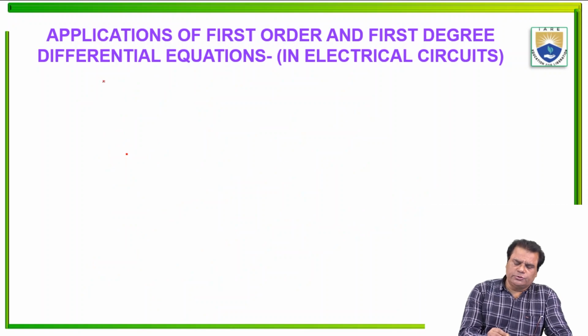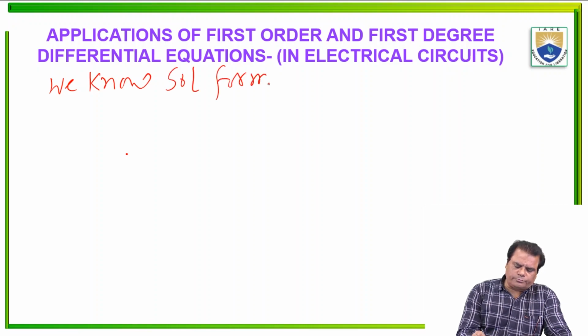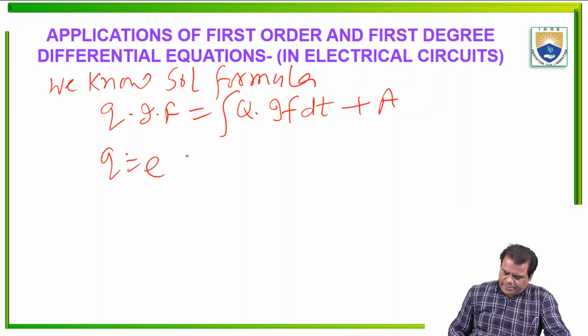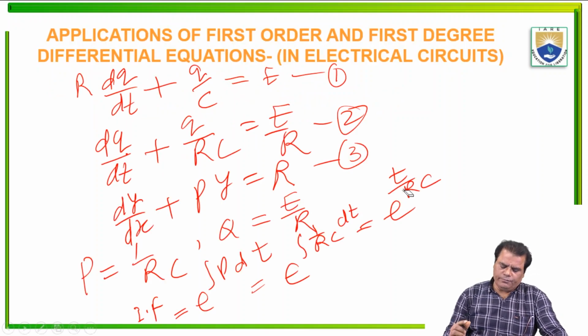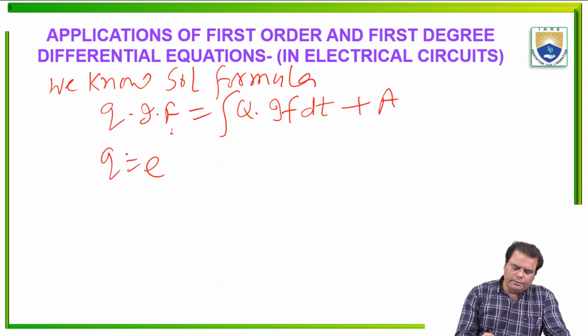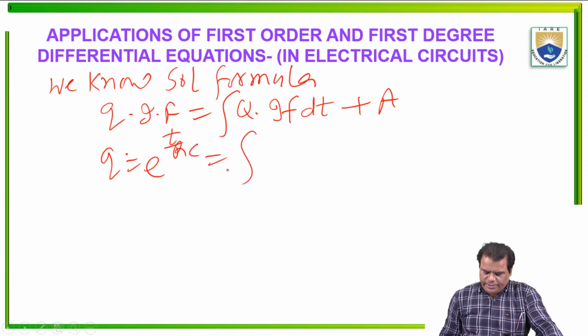Now writing the solution formula, we know: q into IF is equal to integration of Q into IF dt plus a constant. So q into e to the power t upon RC is equal to integration of Q, what is Q here?